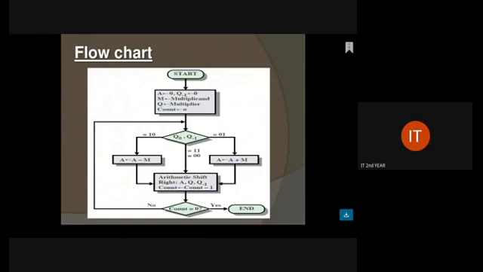When the count value is not equal to 0, we have to do the same procedure until we get the count value as 0. This is one of the best techniques for doing multiplication for a smaller number of integer values, whether it is a signed integer or unsigned integer, that doesn't matter.